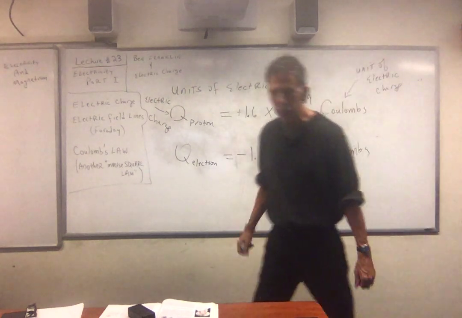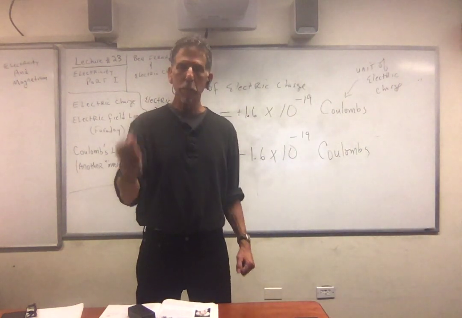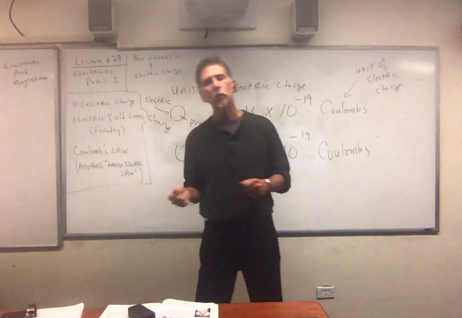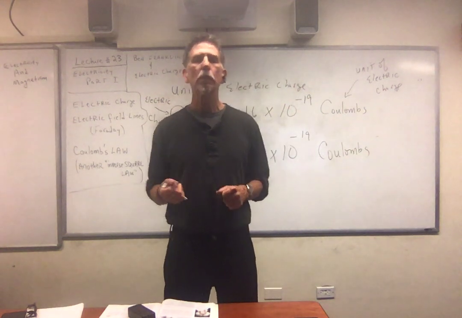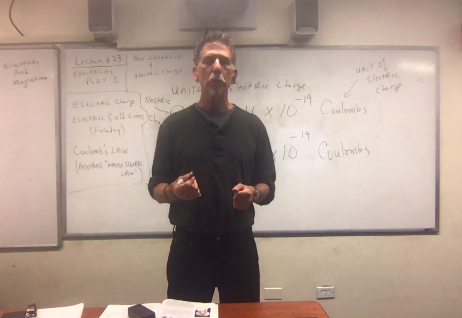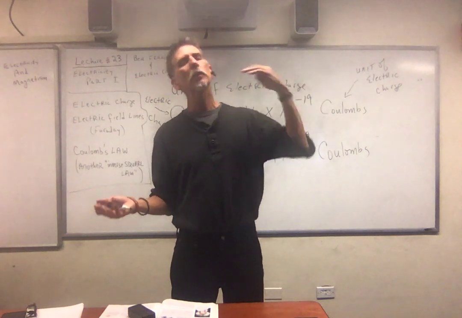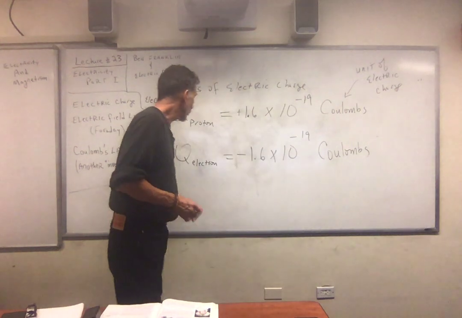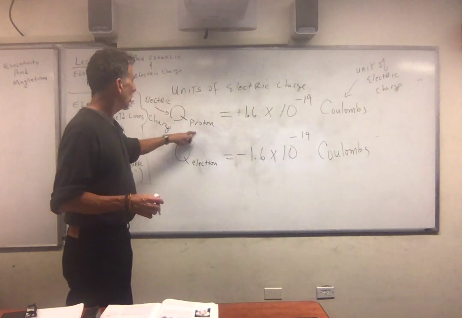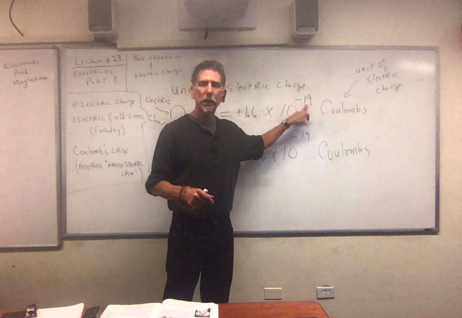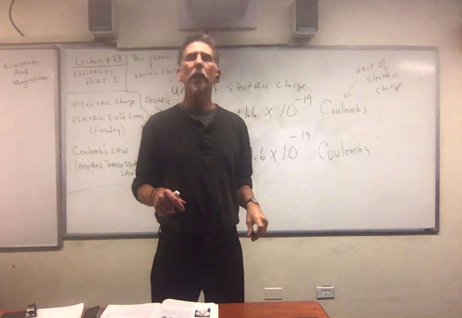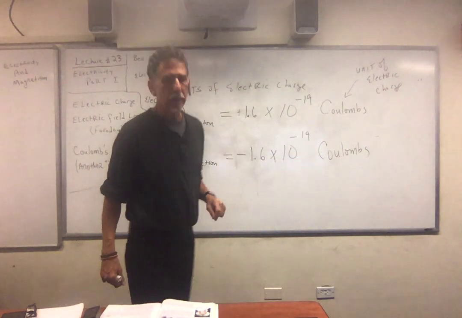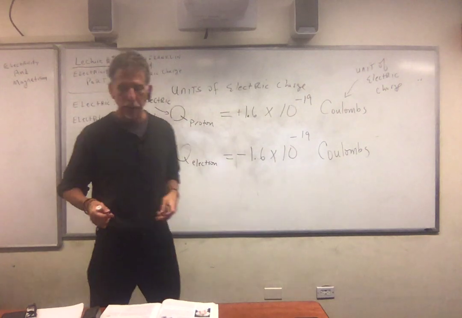So a hydrogen atom has one proton, one electron. What is the charge of a hydrogen atom? Well, it's the same as the electric charge on all atoms. Atoms are electrically neutral. Electrically neutral means the number of positive charges equals the number of negative charges. So the total charge is 0. Okay? So these are the charges, electron and proton. Notice 10 to the minus 19th. You should be experts on scientific notation now. 0.0, forget it. It's tiny, tiny, tiny. But again, electrons and protons are very tiny.